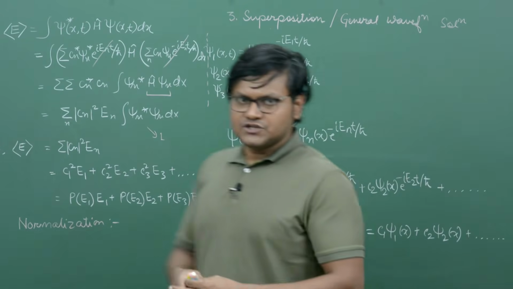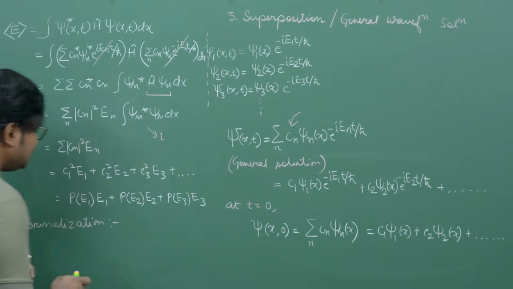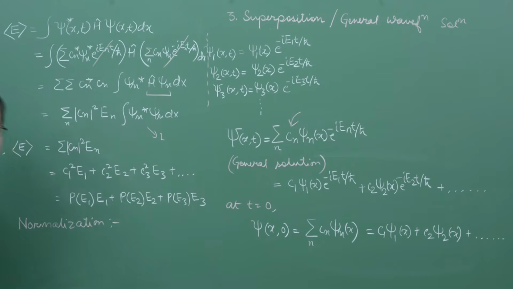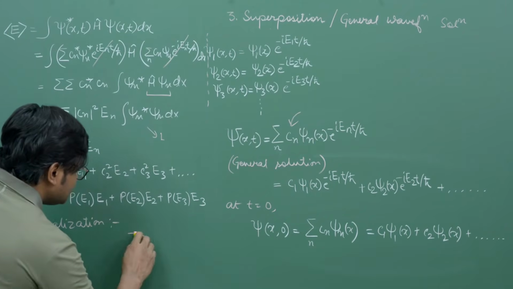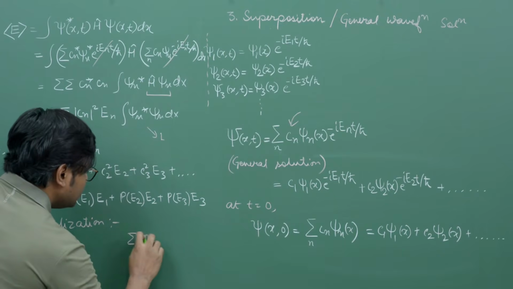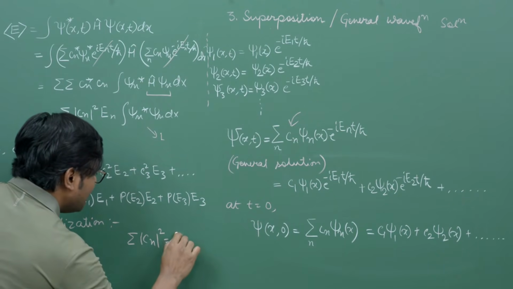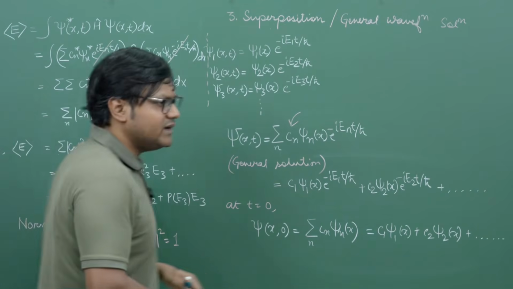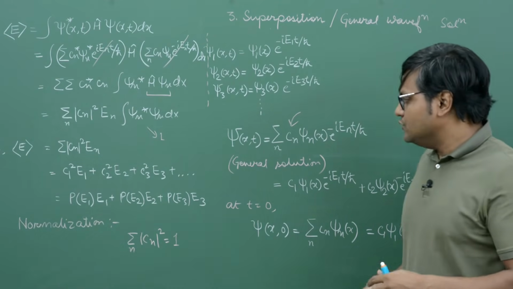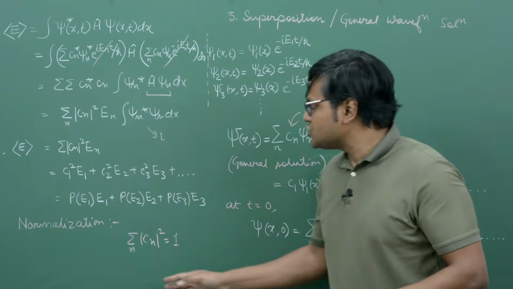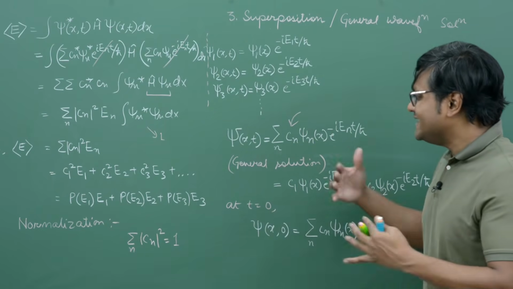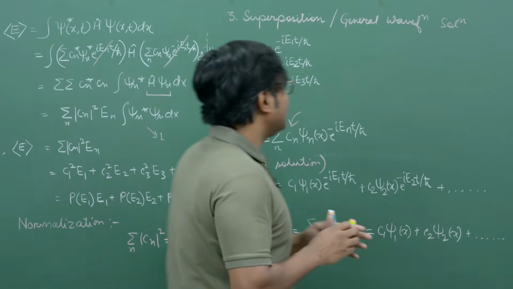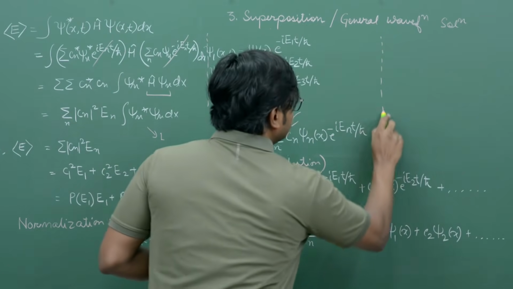So the Cn square should all add up to 1, that is, the summation over Cn square should equal 1. This is something that we must impose from our end, otherwise we might get wrong values of probability.